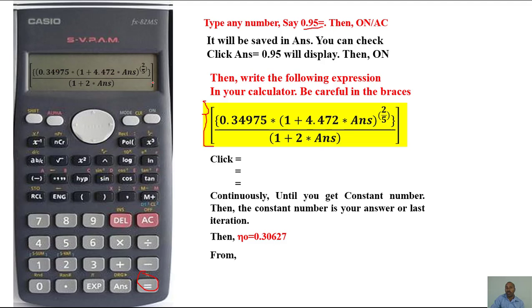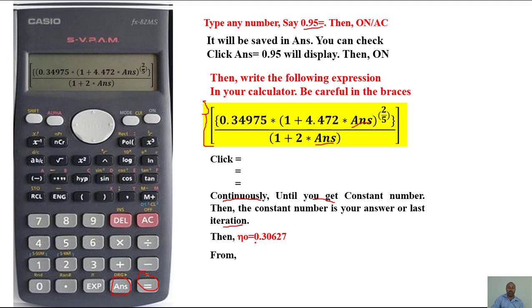Once you write this expression, you click answer, which you have already saved, in place of n naught. Then equal continuously until you get a constant number. The constant number is definitely your answer, the last iteration of your calculator.